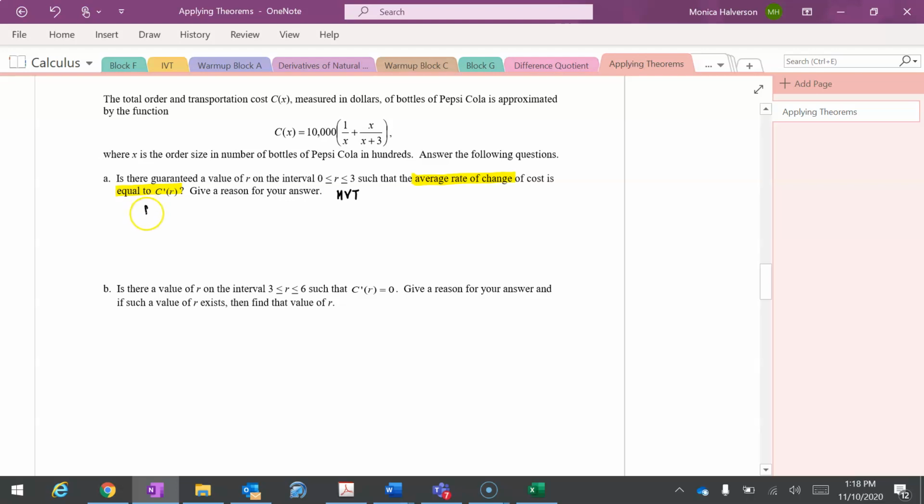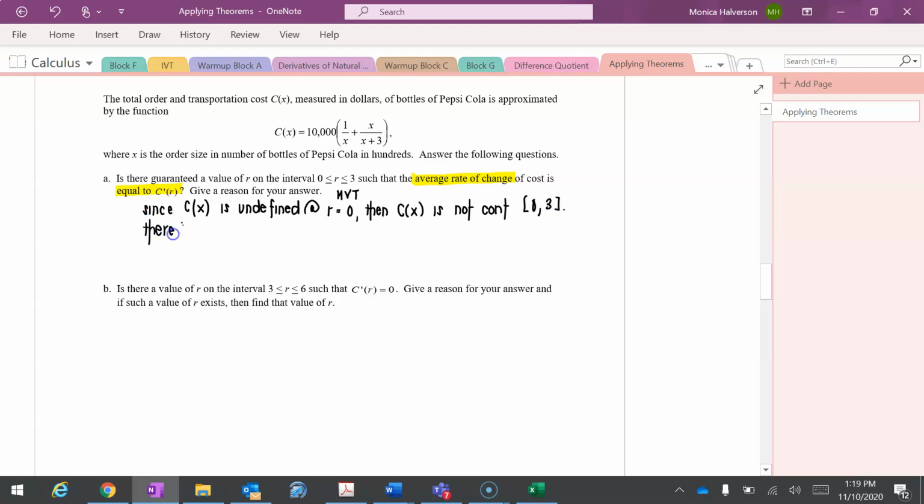Well, since C of x is undefined at x equals 0, then C of x is not continuous on the interval 0 to 3.